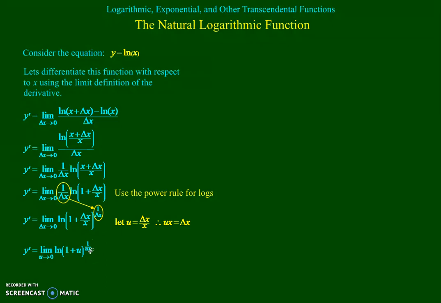Now we're going to employ a rule of exponents. Here we have the exponent 1 over u times x. This is simply 1 over u times 1 over x. Well, you know that whenever we have two exponents multiplied together, that's the same as one expression raised to an exponent and that whole thing raised to another power.